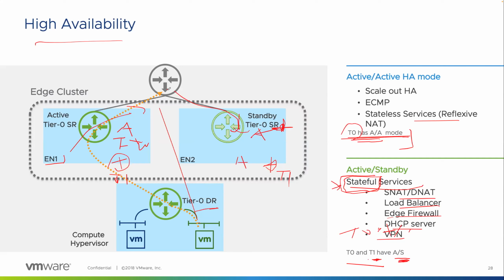AA means traffic goes this way, and at the same time traffic will go this way, because this is active mode. But when we set it as active-standby mode, we only have one path working, and only if it fails will the standby tier 0 SR work.